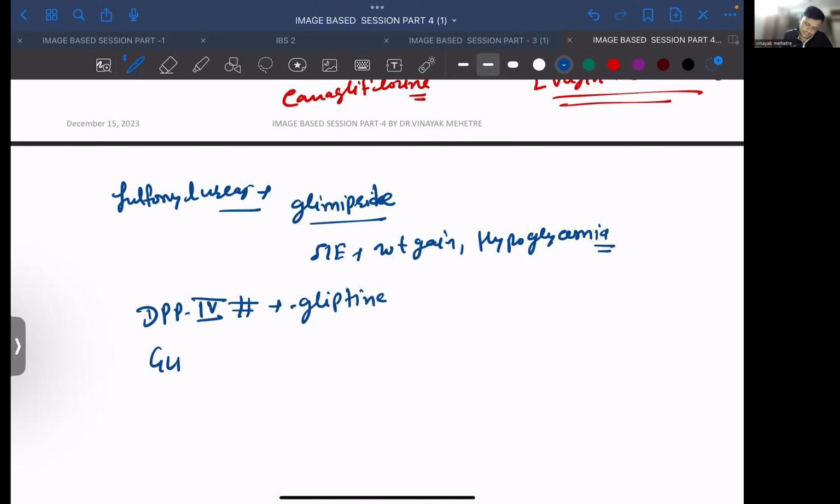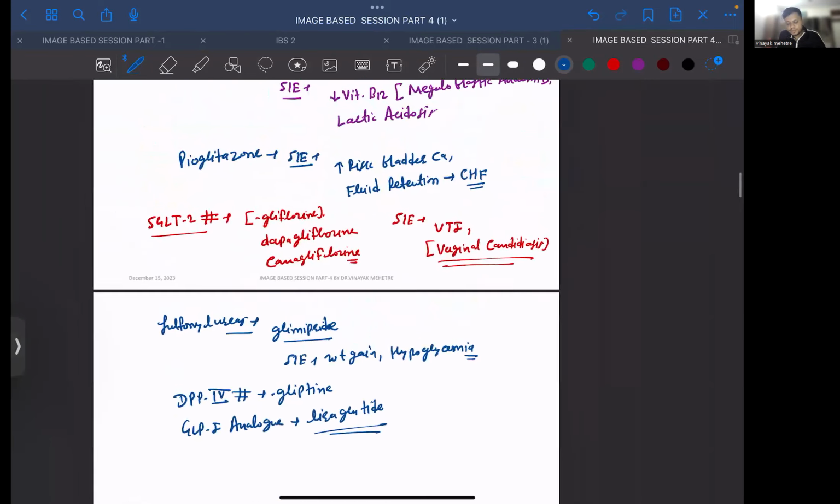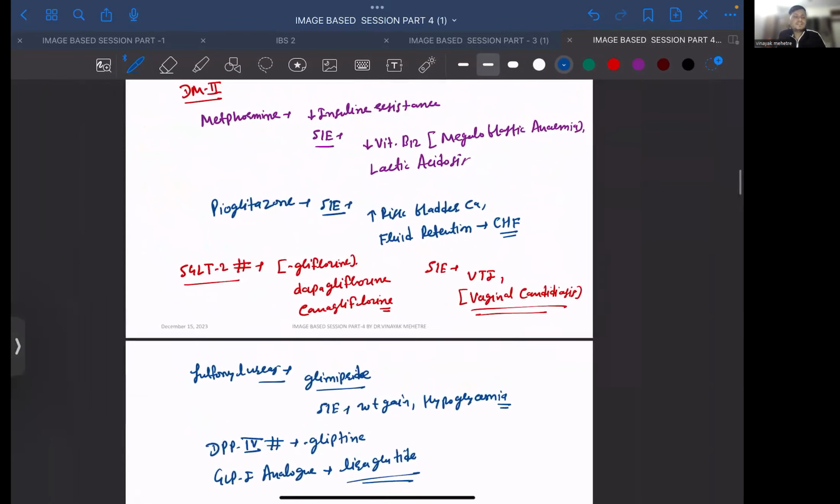And GLP1 analog कौन सा होता है? Liraglutide, right? Liraglutide, correct. ठीक है. These are the drugs which we will give in diabetes mellitus 2.